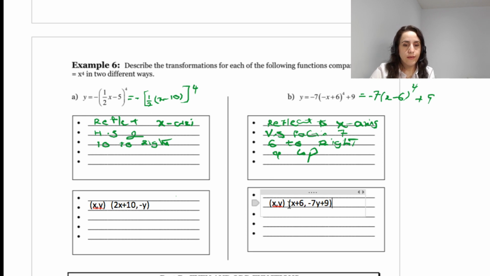Those are the two transformations that I can do for this equation. Me personally, when I'm sketching, I prefer to go by mapping notation because it gives you more accurate points, you can connect them together, and have a better shape.